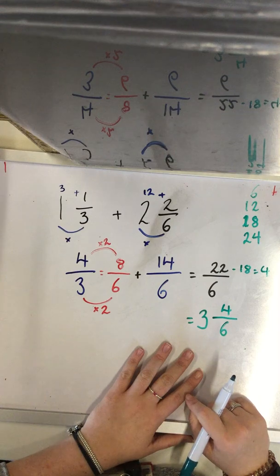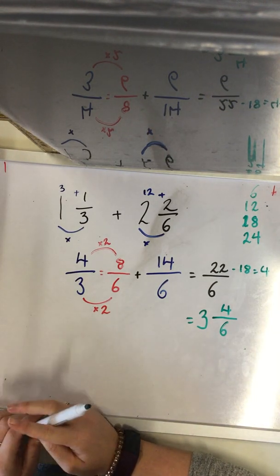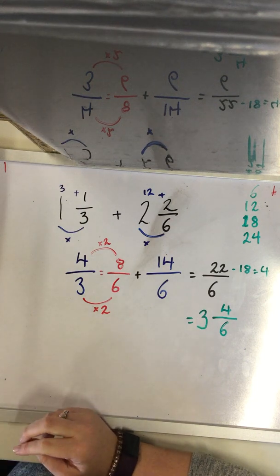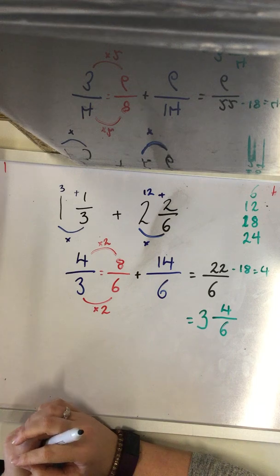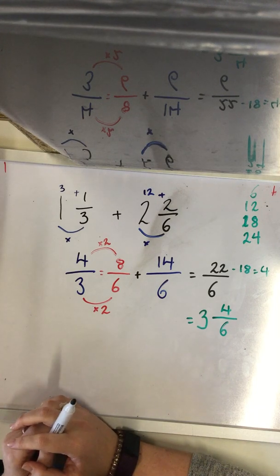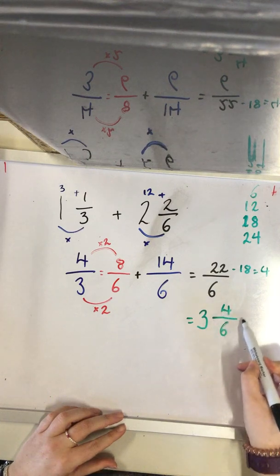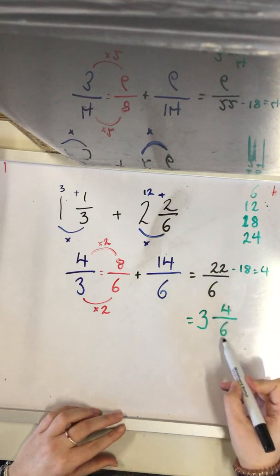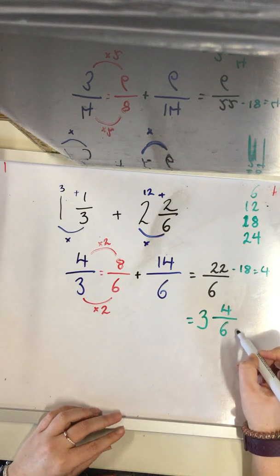But there's one final thing for this question. What can we do to this fraction to make it in its simplest form? You might have noticed this here, we can simplify this fraction.